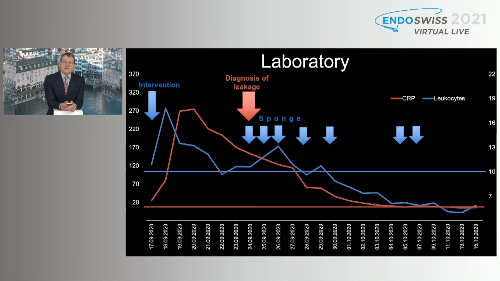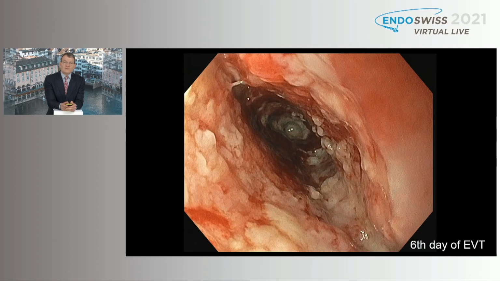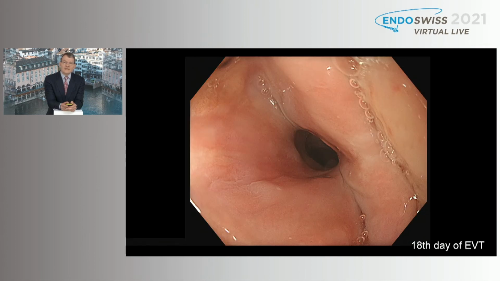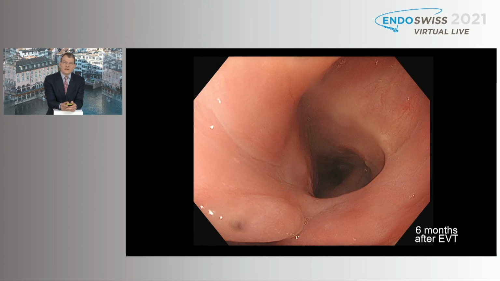We performed 7 times an exchange of the sponge, and here you see the follow-up 6 days later, 15 days later, 18 days later, and luckily we could close the defect with this approach. As I mentioned and as Paul mentioned, we had performed the septotomy, and it was a contained lesion, so we were lucky that we could solve the case with this endoscopic vacuum therapy.